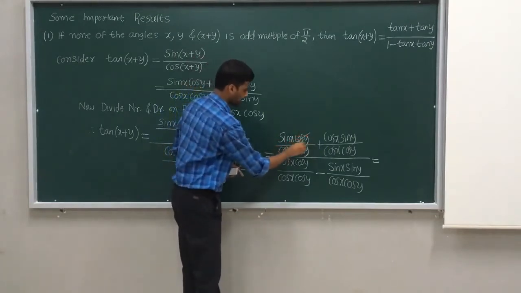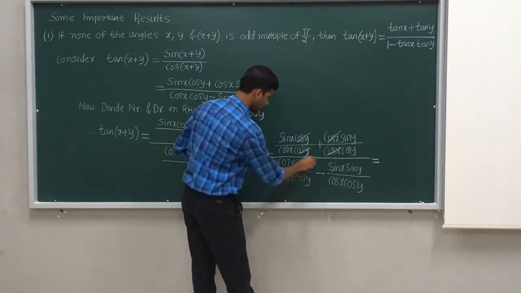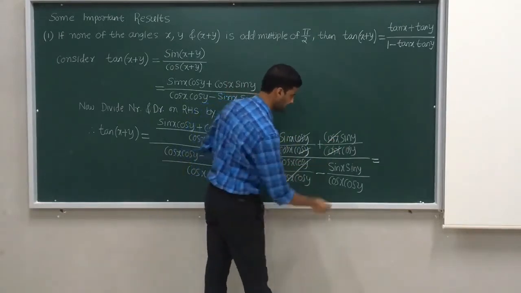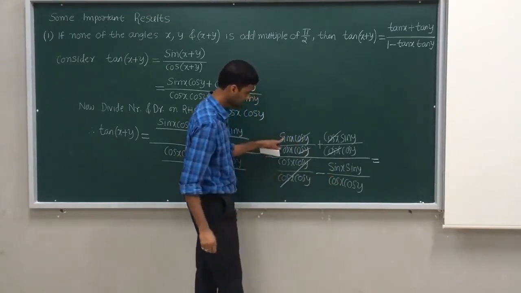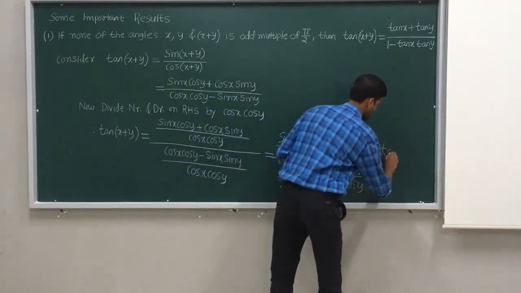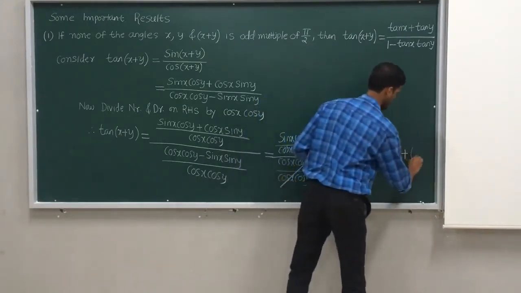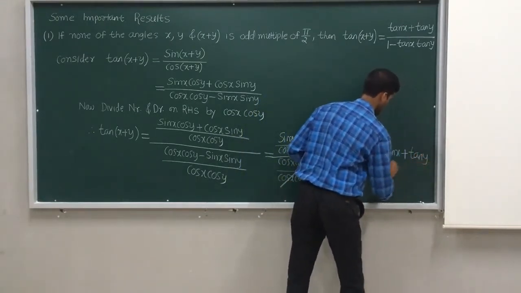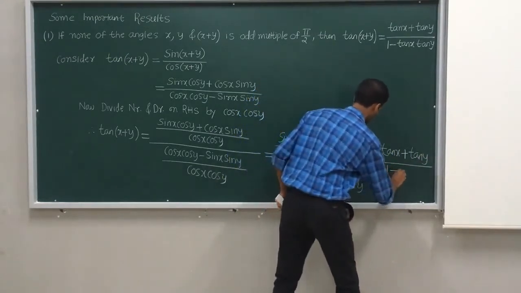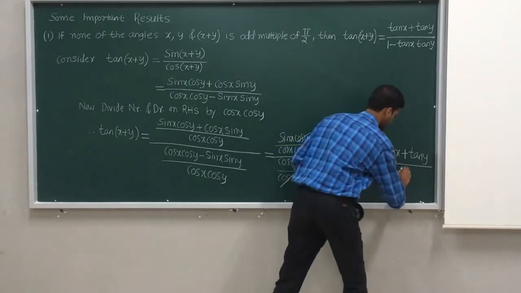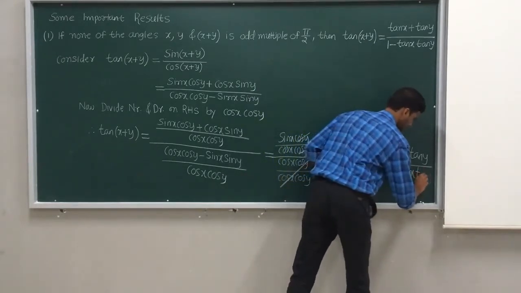I'll cancel cos y here, cos x here, both the same cancel, here no chance of cancelling. So sin x by cos x is tan x plus sin y by cos y is tan y, divided by 1 minus sin x by cos x which is tan x, sin y by cos y which is tan y.